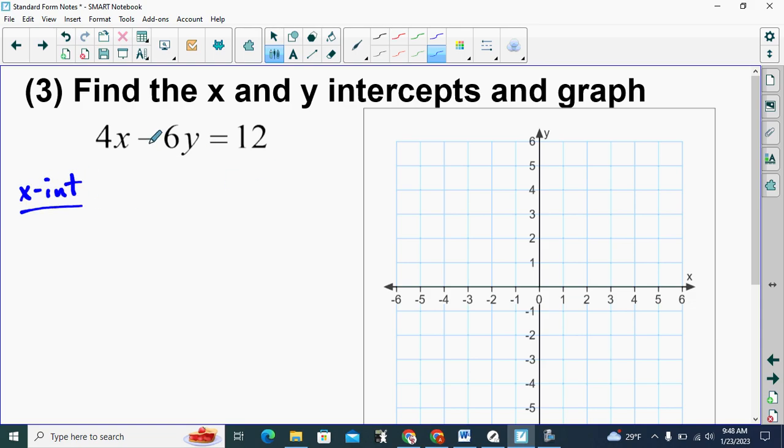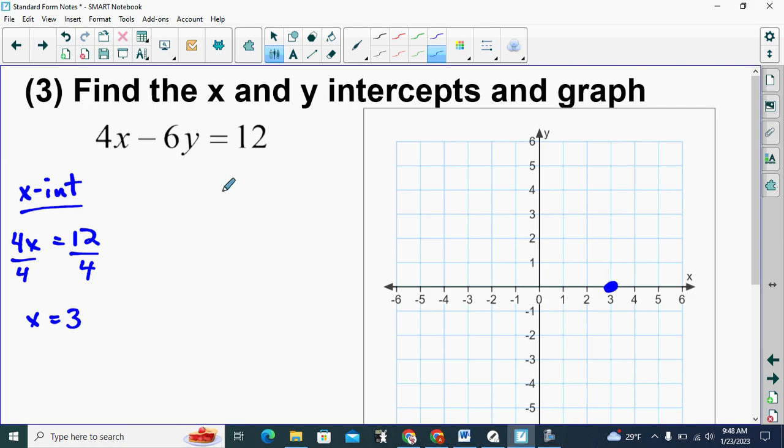X-intercept, we put in 0 for y. I put in 0 for y, this whole minus 6 times y, 6 times 0 is 0. So I just get 4x equals 12. Divide both sides by 4. 12 divided by 4, I get x equals 3. My x-intercept is 3.